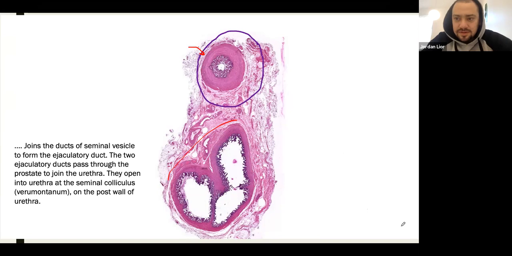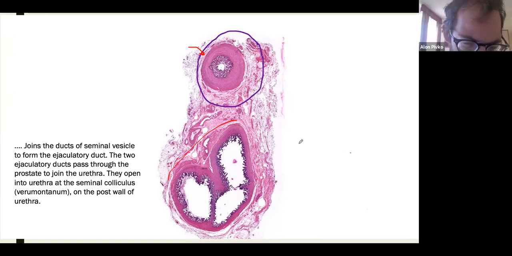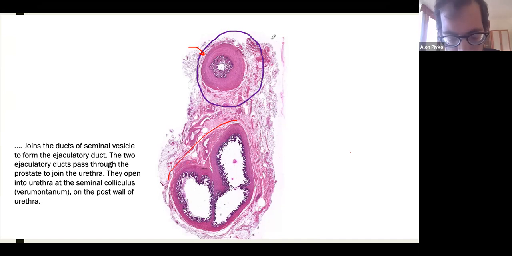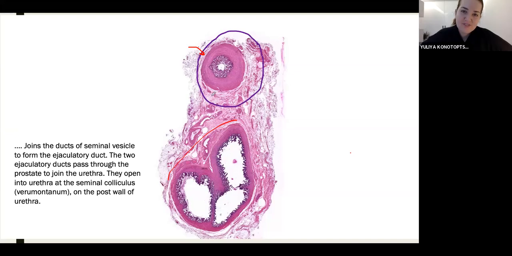No. I would say testes, but it doesn't make sense. As I said, the seminal vesicles fuse with the ampulla, but the ampulla doesn't. So what is right next to it then? This is the ampulla of the ductus deferens. So this is the seminal vesicle, and this is the ampulla of the ductus deferens.